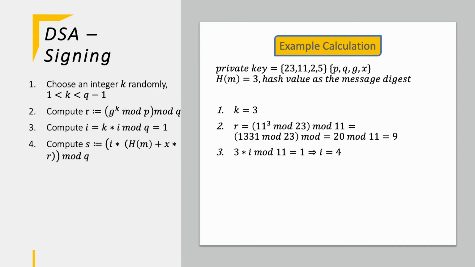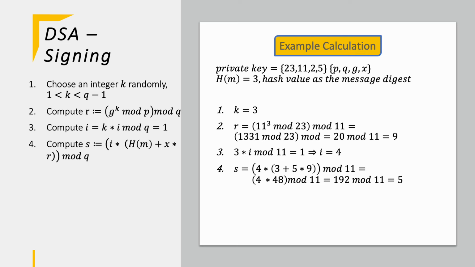big H plus X times R modulo Q. Also here we try to plug in the numbers, and let's take it from bracket to bracket. We have i as 4 times big H, which is 3, which we just have picked before. And we have X, which is our private key, which is 5, times R, which we just calculated, is 9.